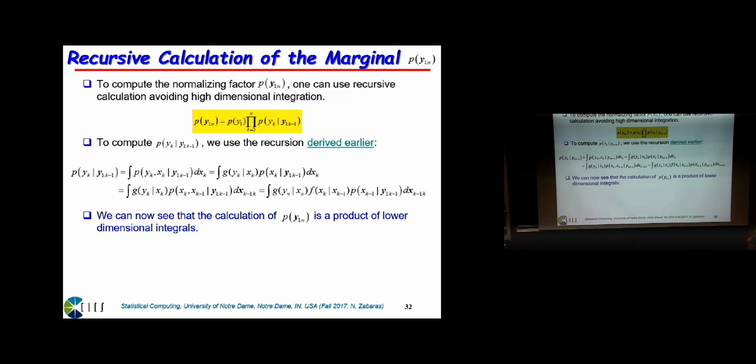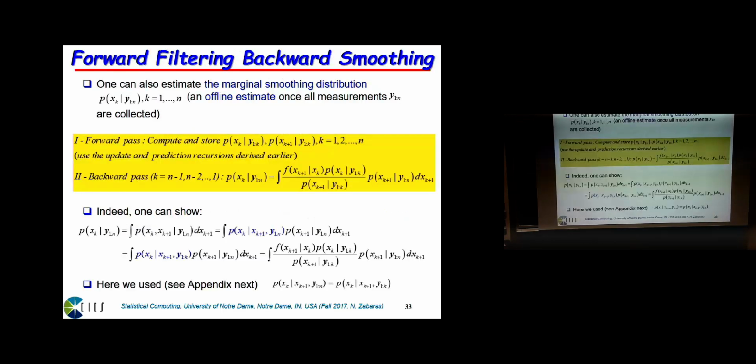Can you see that? I can compute this by integrating all the x's from 1 to n, or I can do this calculation where I have to compute these conditionals, and each of these conditionals requires integration in two states only. So computation is very efficient. All right.